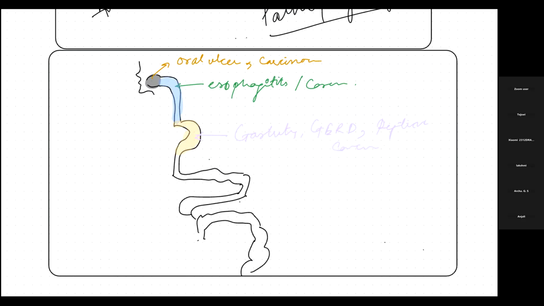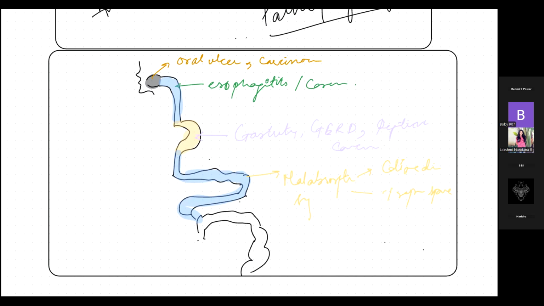Now let's see another part, the small intestine. If I talk about the small intestine, what disorders can we expect over here? Mostly malabsorption syndromes such as celiac disease, and tropical sprue can be expected.